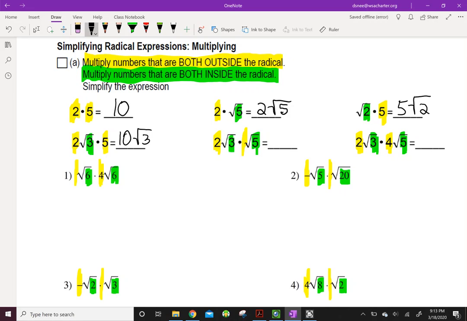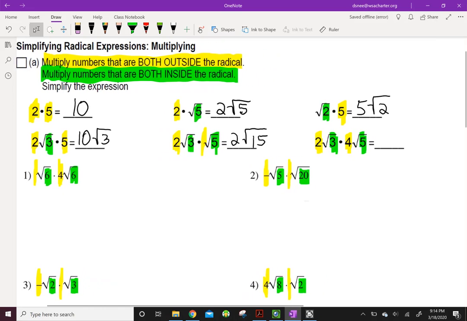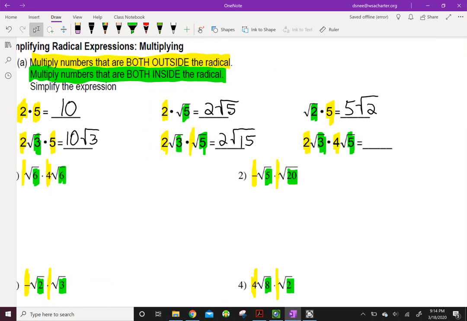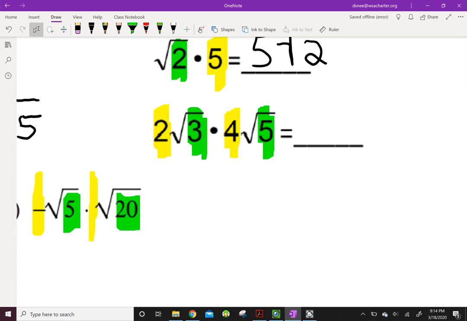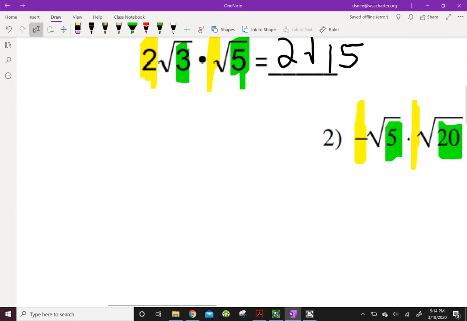In the next example, I have 2 times 1 is 2, and 3 times 5 is 15. I can't take anything out of there. 2 times 4, if I go to the next example over here, 2 times 4 is 8, and 3 times 5 is 15. So 8 times the square root of 15.